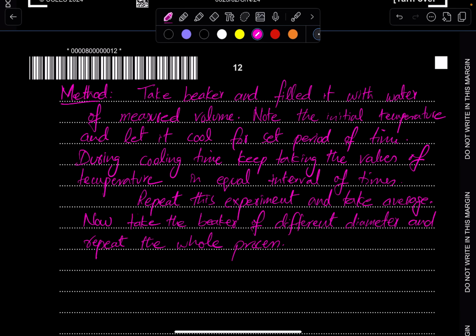You are changing the diameter of the beaker and repeating this process, and take readings with 5 different diameters. That you can do. So this is the methodology part that we are done with.